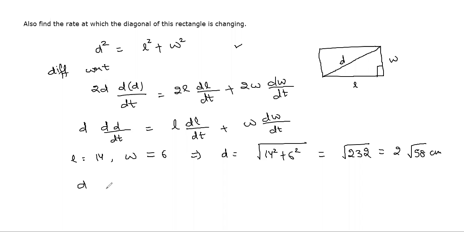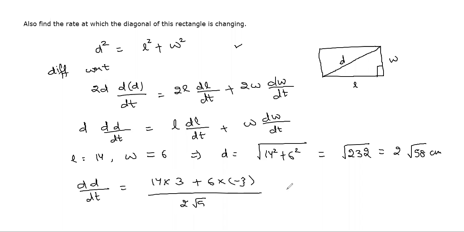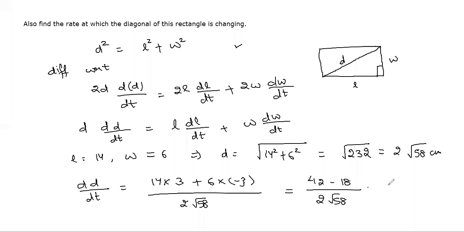Hence dd by dt is equal to 14 into 3 plus 6 into minus 3, divided by 2 root 58. On simplification, it would become 42 minus 18 over 2 root 58, which is finally equal to 12 over root 58 centimeter per second.